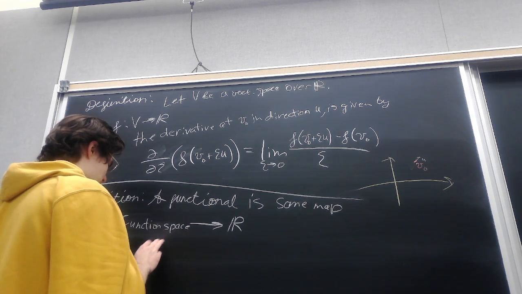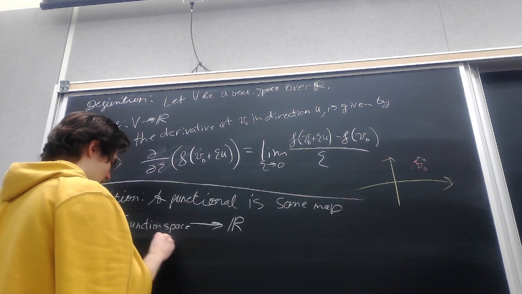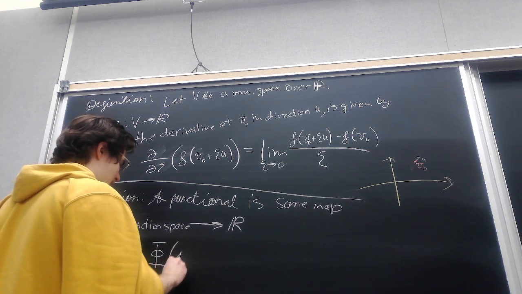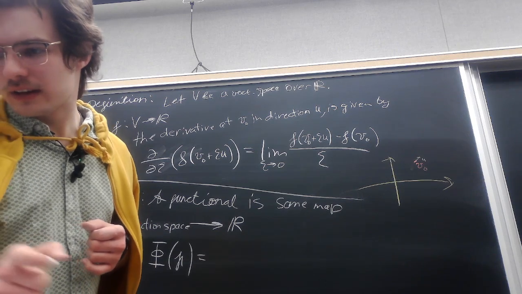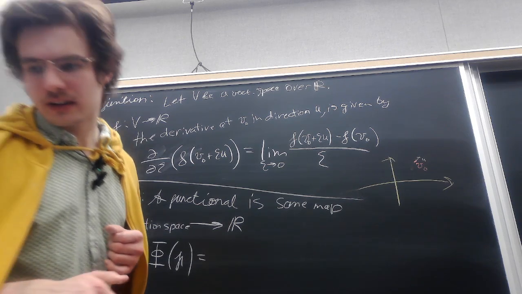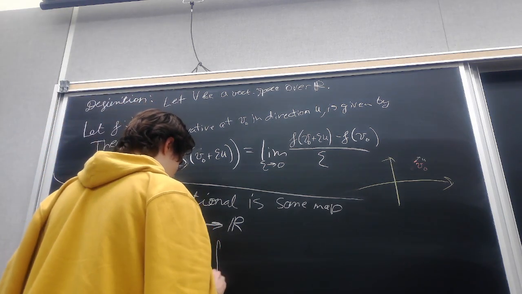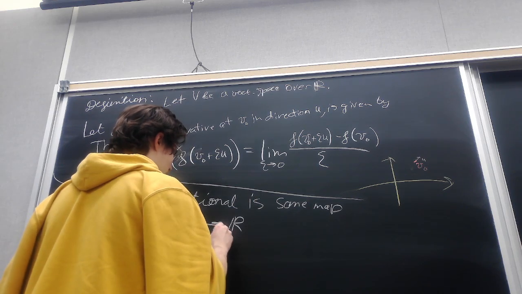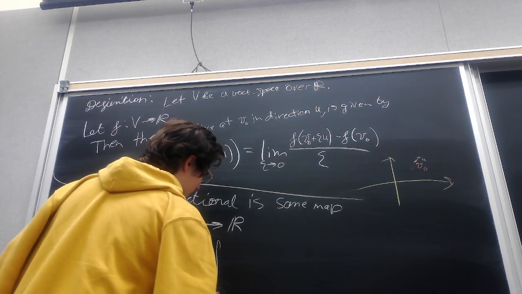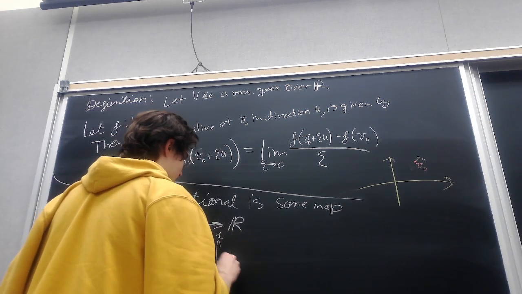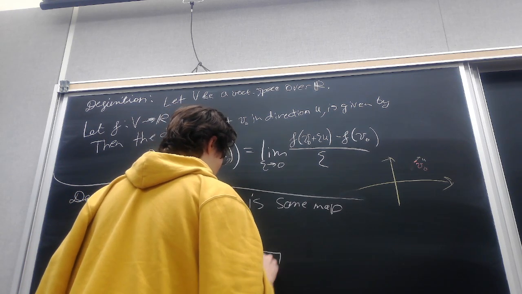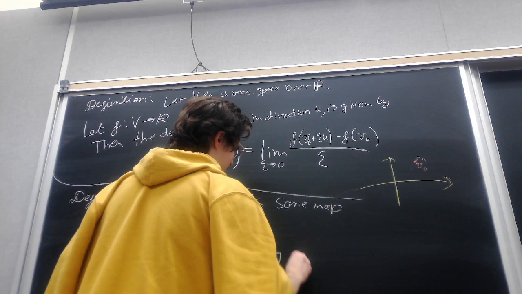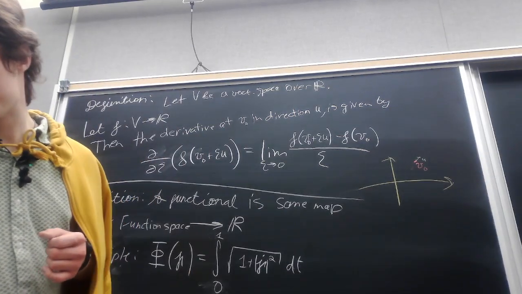Then F of gamma, the length of this curve, I think this is correct, is the integral from 0 to 1 of the square root of 1 plus the norm of gamma dot squared dt, something like this.